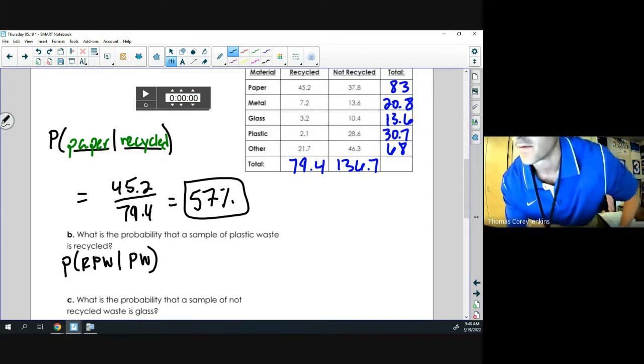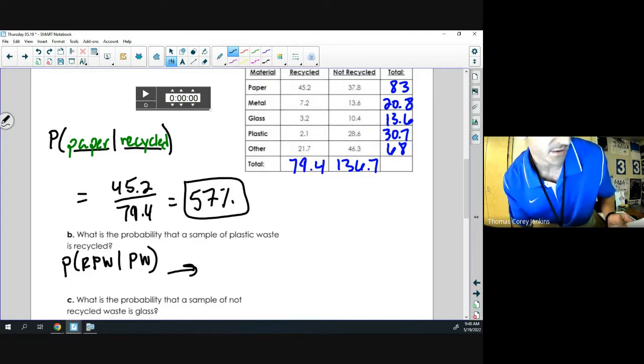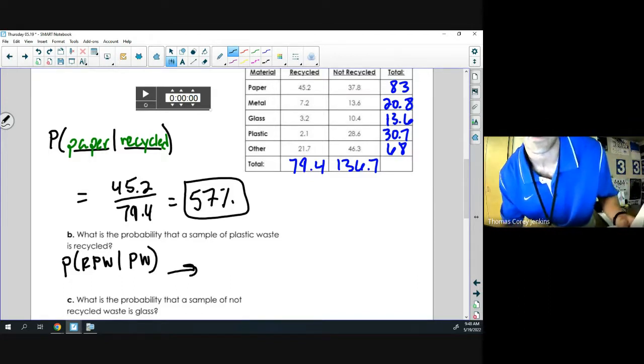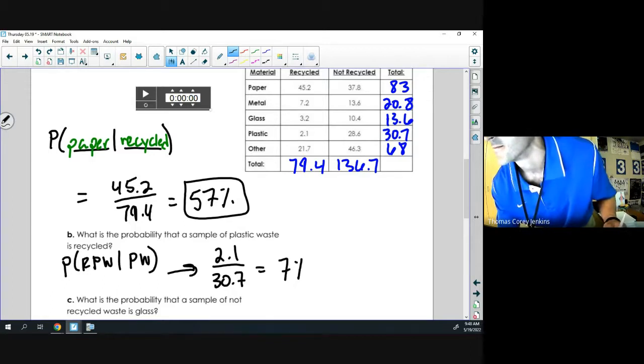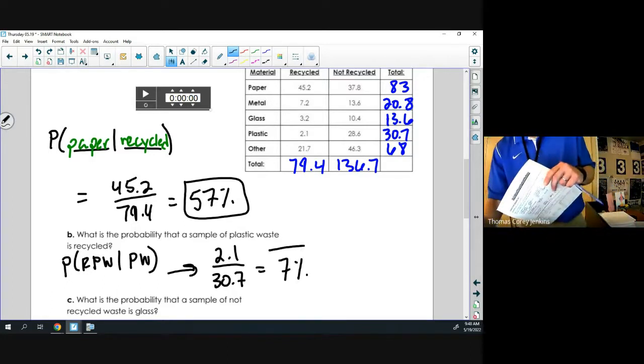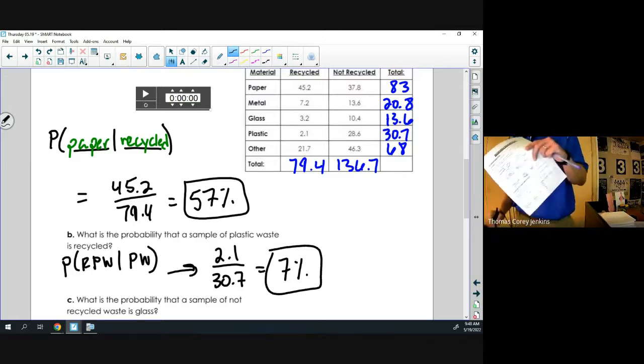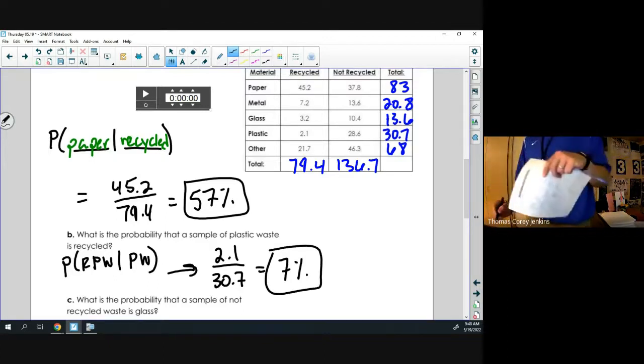Your numbers would be 2.1 out of 30.7, which is around 7%. Any questions on that one? All right.